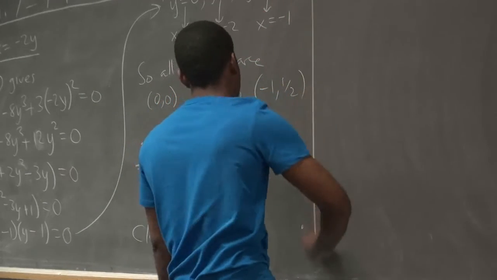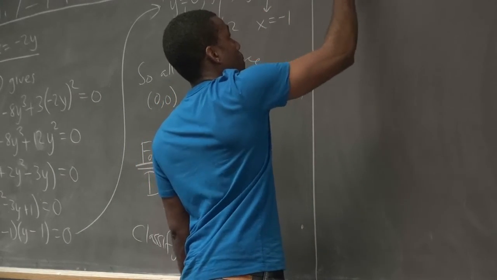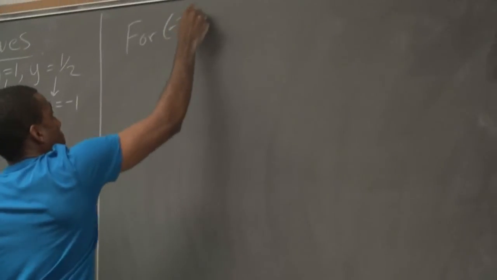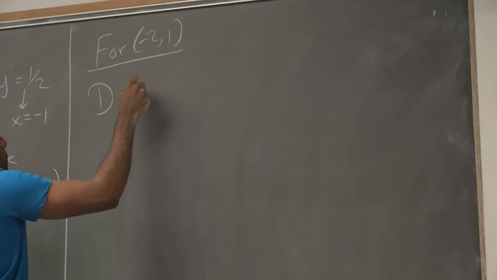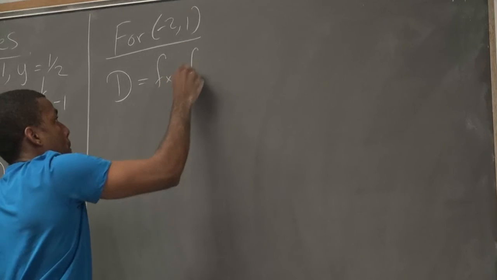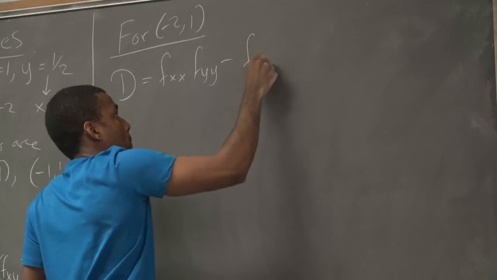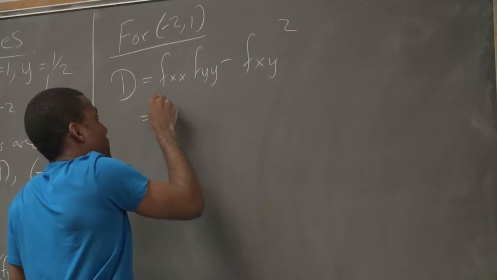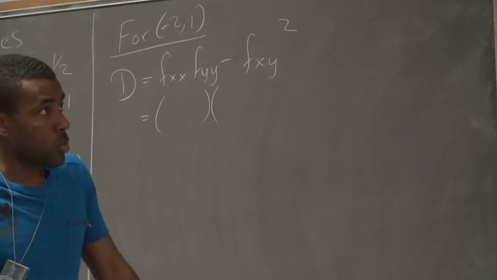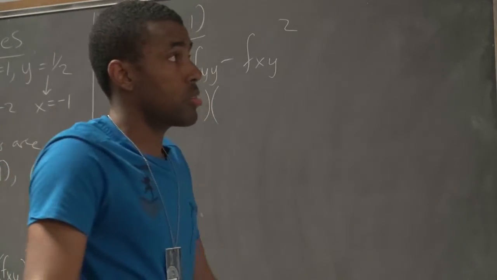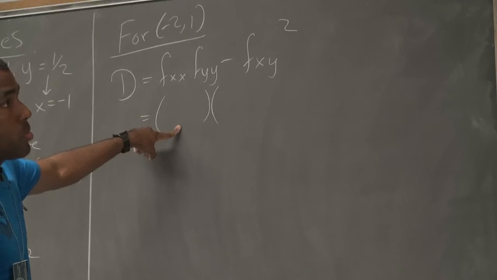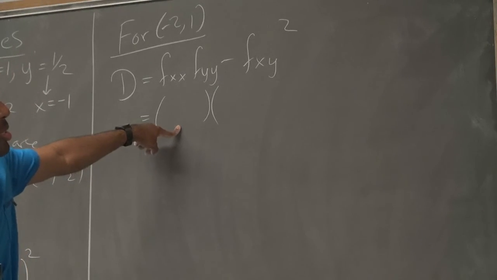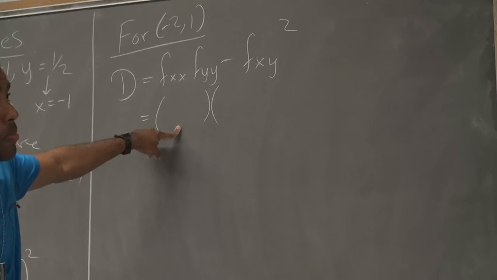What if I plugged in minus 2, 1? fxx is what at minus 2, 1? Plug in minus 2 for x and 1 for y. What's the result? Minus 6.